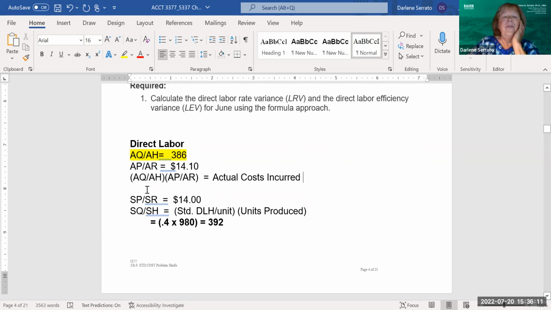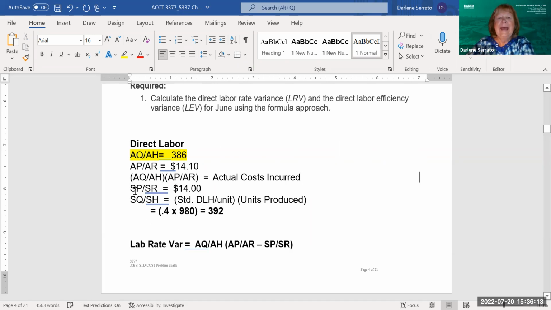The reason I have that is that sometimes a problem does not give you both actual quantity and actual price. It will give you one of these and then the actual cost incurred.